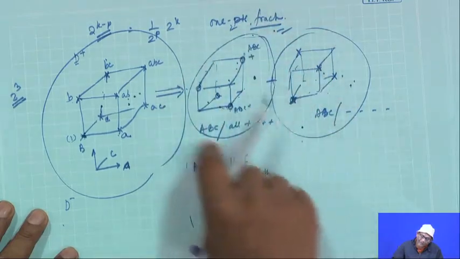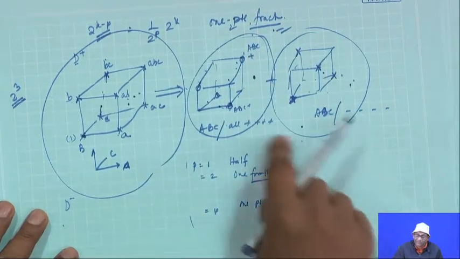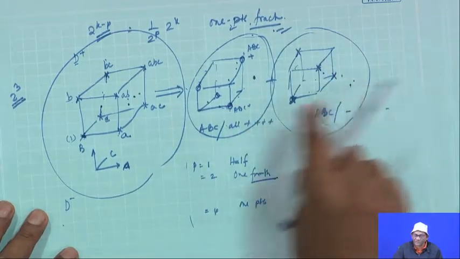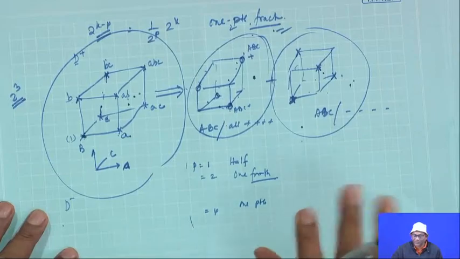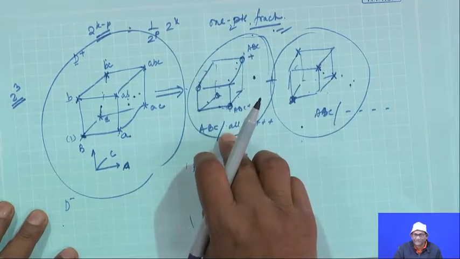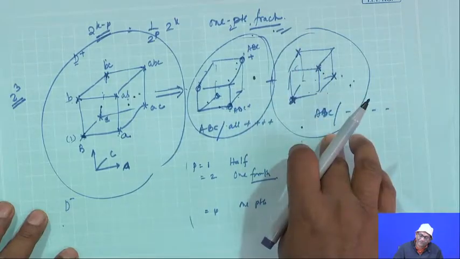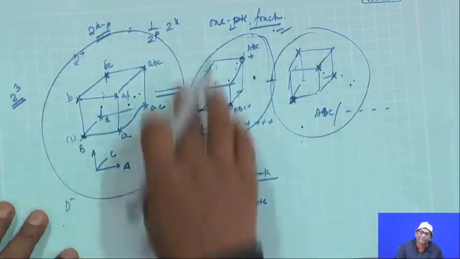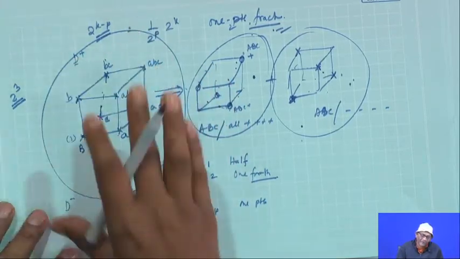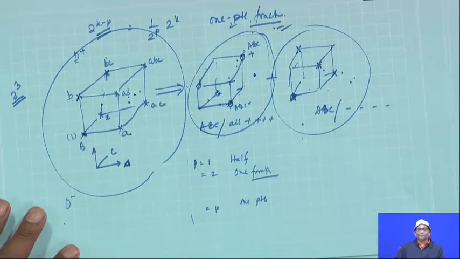Suppose when I conduct the first one and you are happy with the results, you do not require to go for the second one, because you are screening, as well as getting information for further experimentation. If you do not get it from this, you go for the other half, and then these two combined will give you the full one. You have complete information, as in a 2 to the power k factorial design.